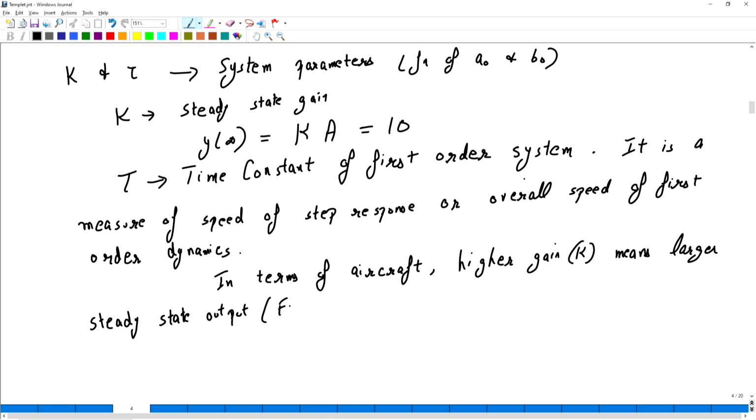Here output can be, for example, pitch angle or altitude change.